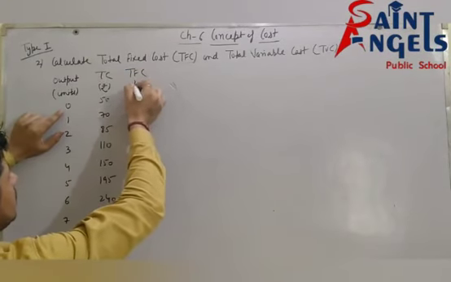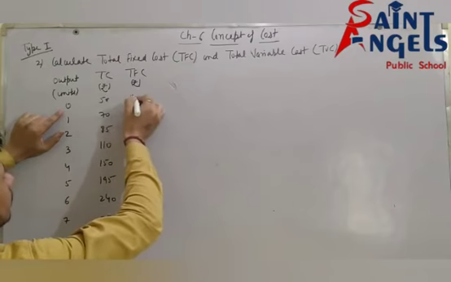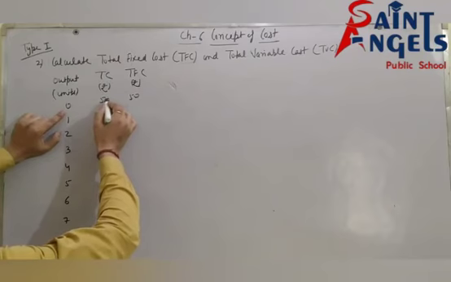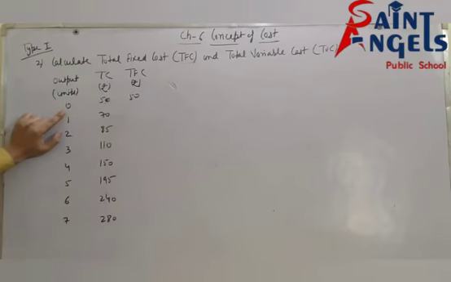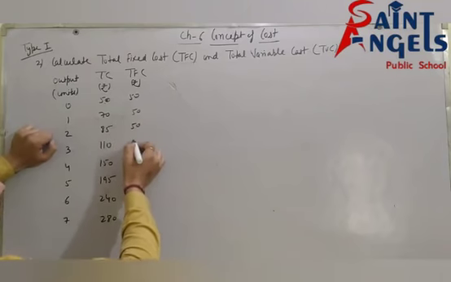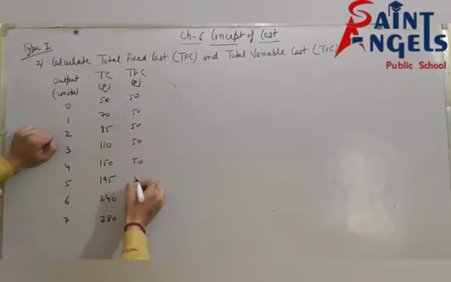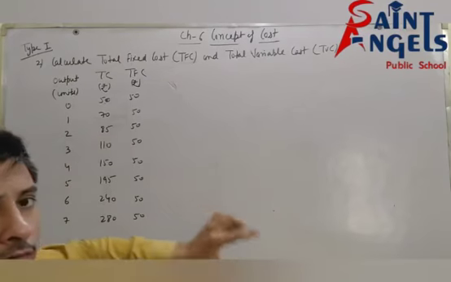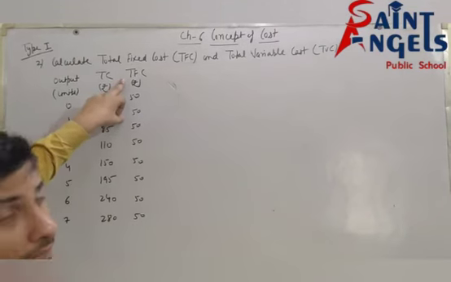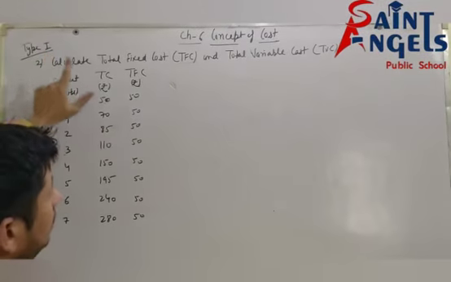It means TFC will be 50 here. And you know that at all levels of output, TFC will remain the same, 50, 50. So I hope all of you have understood how you will calculate the value of TFC in type 1.